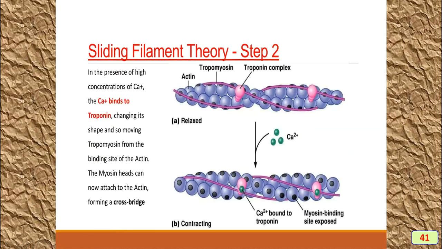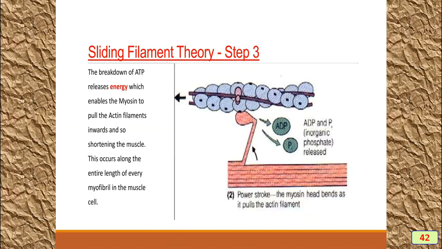There are a lot of theories: in sliding filament theory steps 1 and 2, calcium binds to troponin and the myosin binding site is exposed, and hence contraction of the muscle fiber takes place. The sliding filament theory is also known as the step 3 theory, which is also functional in many types of skeletal muscle fibers.